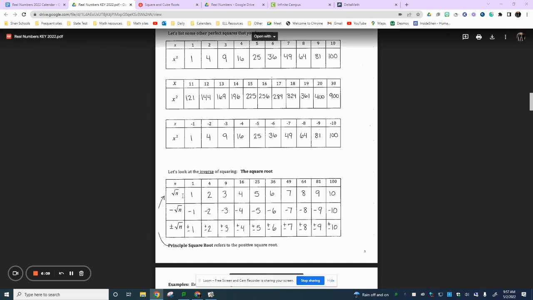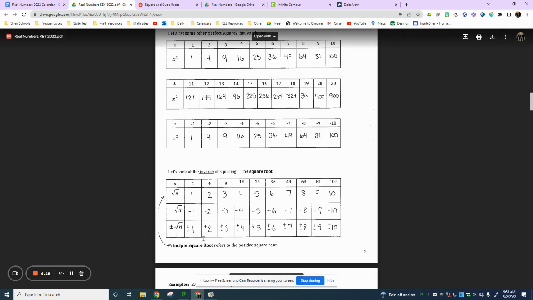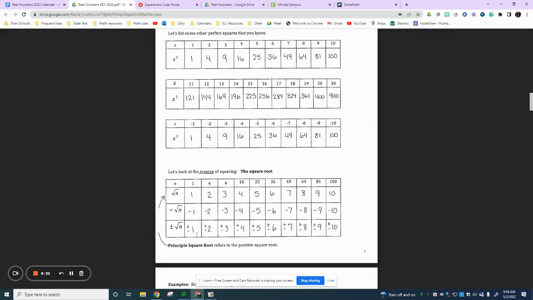But we also know that, skipping down to this last row, when we square -2, we also get a +4, which means that -2 times -2 gives us a +4, as well as +2 times +2. So this row refers to both values, but technically you get a positive and a negative value when you're taking the square root.